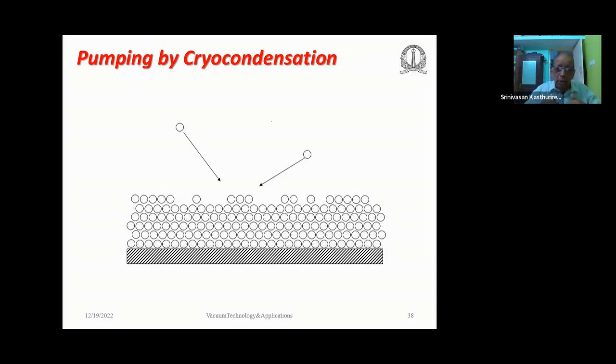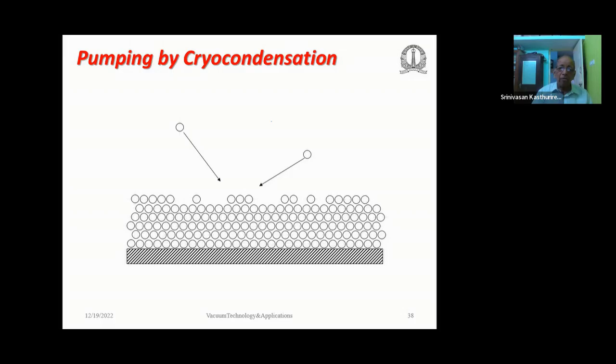And so what about the gas pressure? If you have an initially high vapor pressure for the gas which is surrounding, because of this condensation, the pressure surrounding it goes down. That means you have got a pumping. So pumping happens due to cryocondensation. This is what is called cryocondensation pumping. So this is one method of pumping.